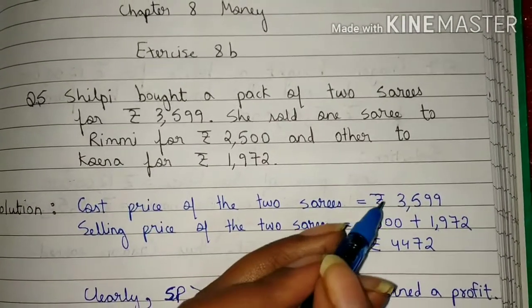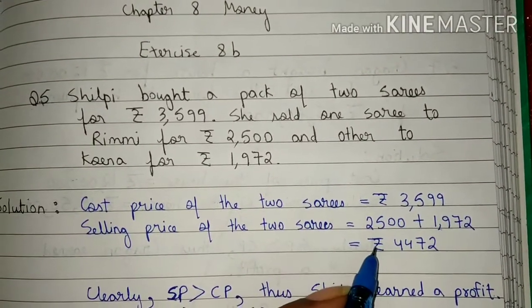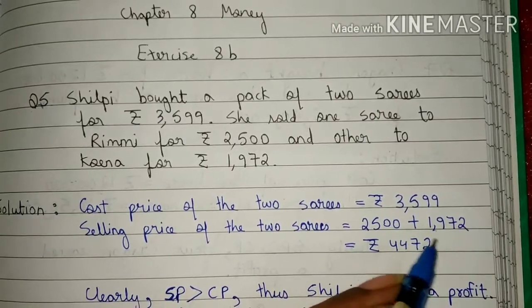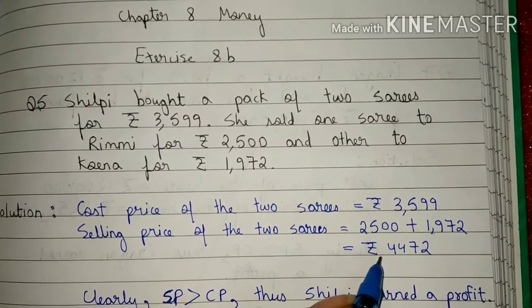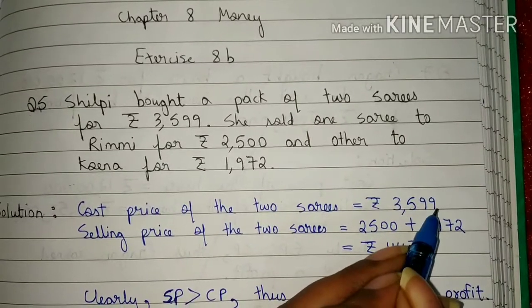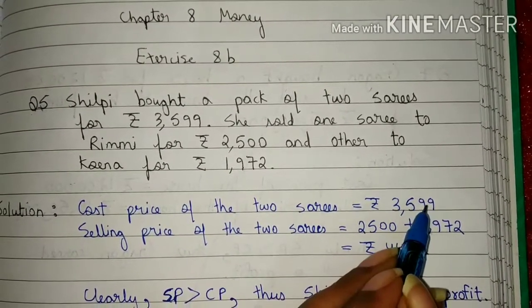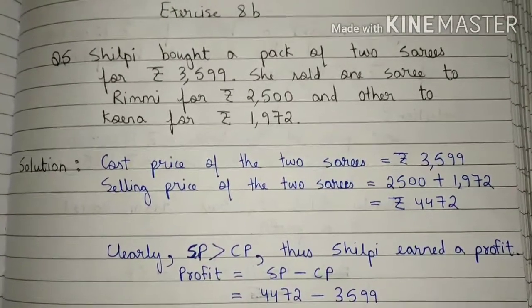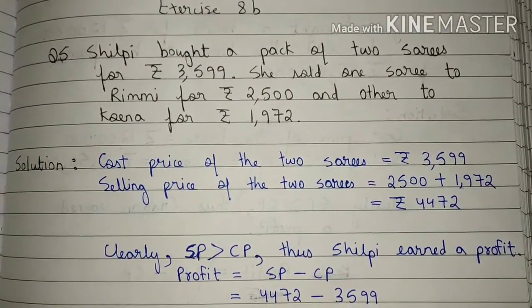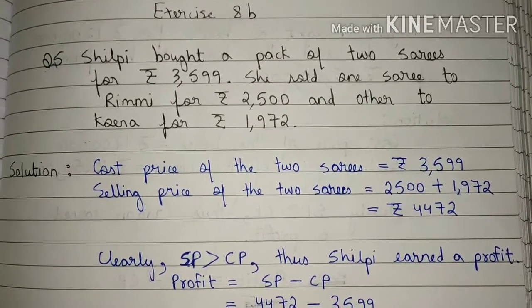Students, when you compare these two prices, you will see that rupees 4472 is greater than rupees 3599. It means selling price is greater than cost price. We know that if selling price is greater than cost price, then a person earned a profit.